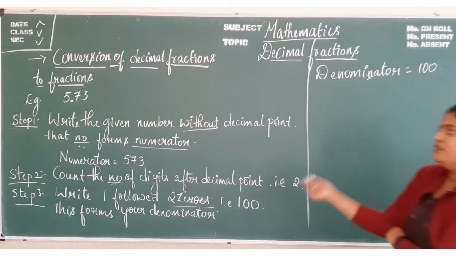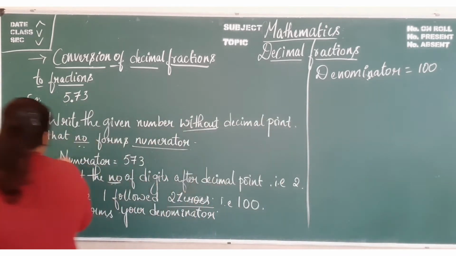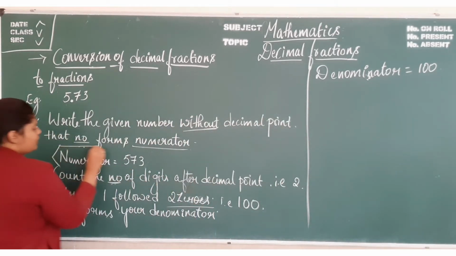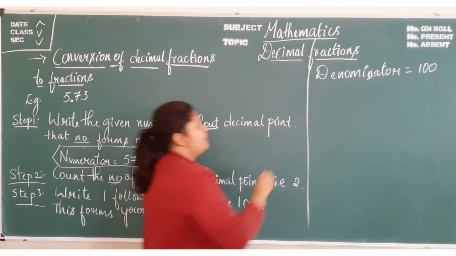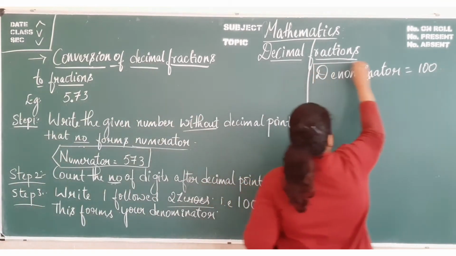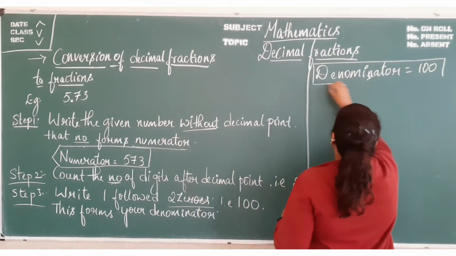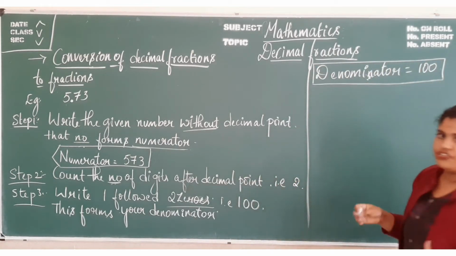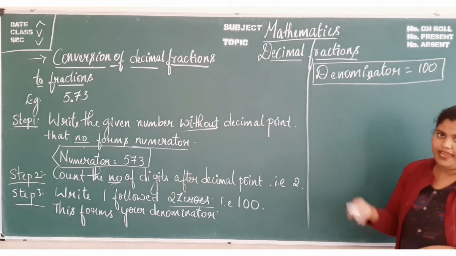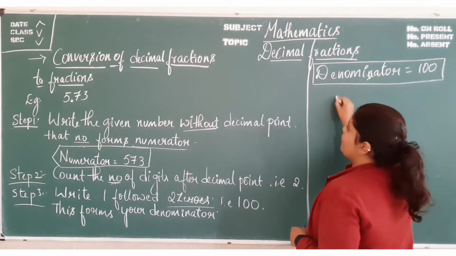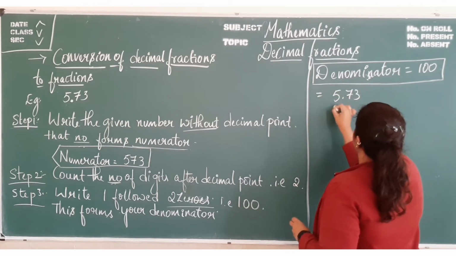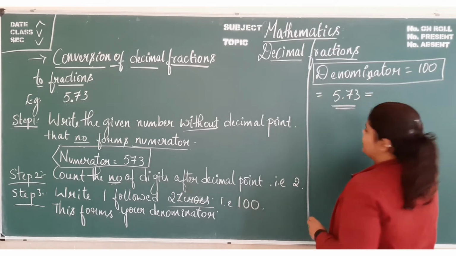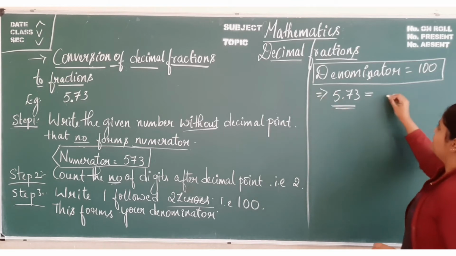So now we got the numerator. What is the numerator here? Yes, 573. And the denominator is 100. Now we will write this in terms of a fraction, numerator by denominator. So 5.73 is equal to how much?